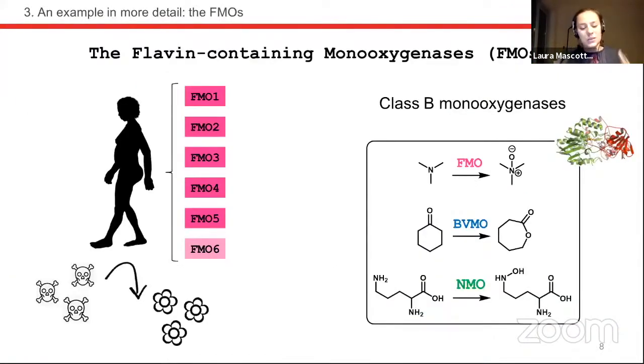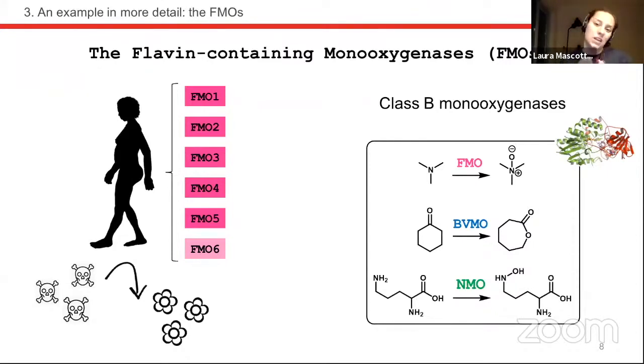The reason is that so far we know almost nothing of the human FMOs. That is because these proteins have remained elusive to characterization, since it's very hard to express and purify them as recombinant proteins because these are membrane-bound proteins. We know some things from purifications that have been done with FMOs, but we don't know too much, honestly.